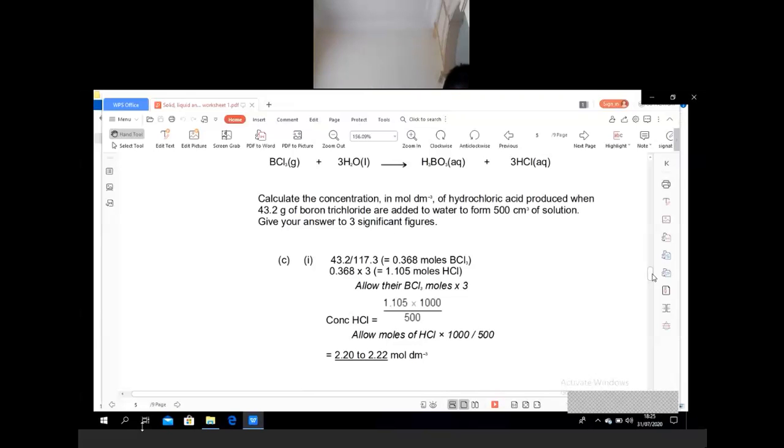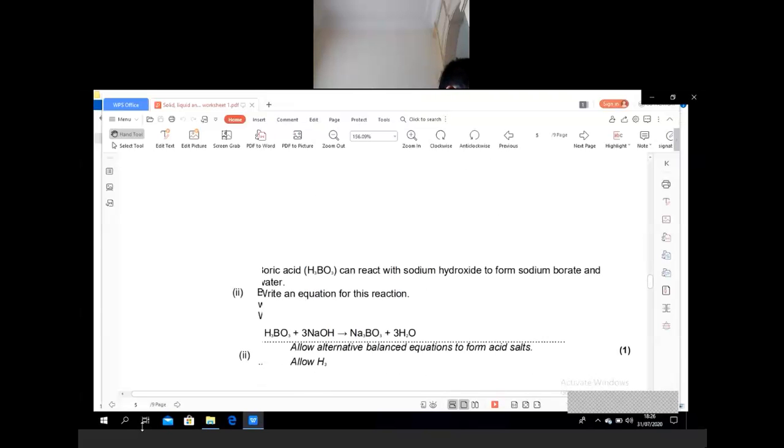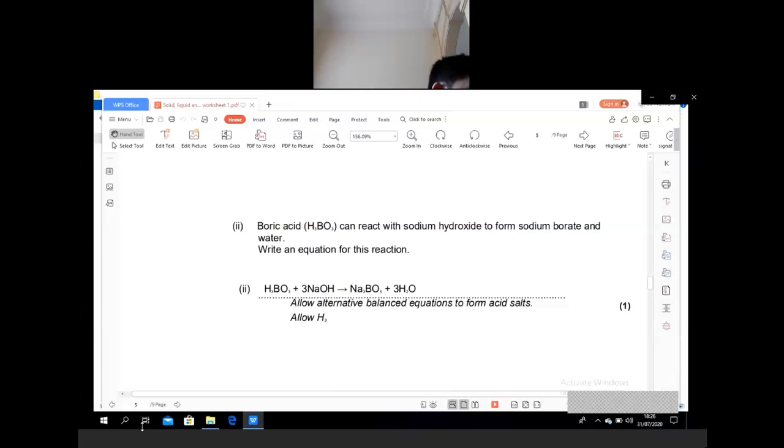So here we have to find the number of moles of boron trichloride, and then we do stoichiometry, and after that we find the mole, and then mole divided by the volume, then we get the concentration. Okay, so next question, number 2.